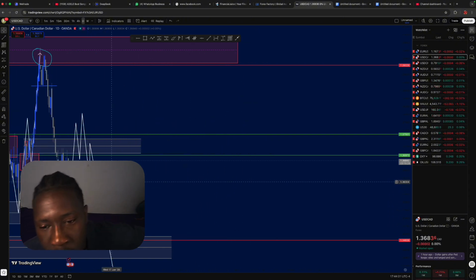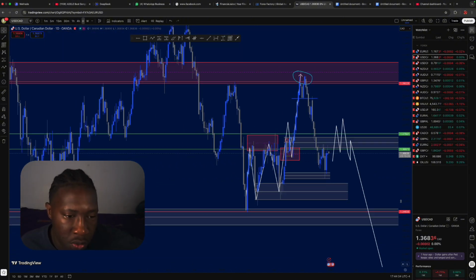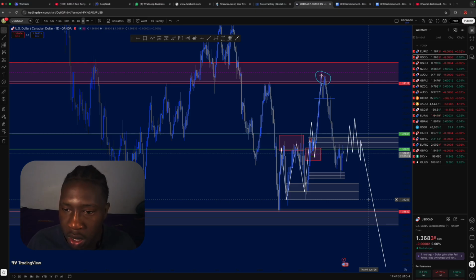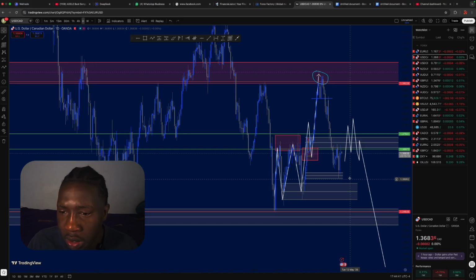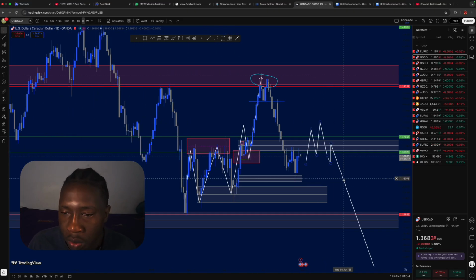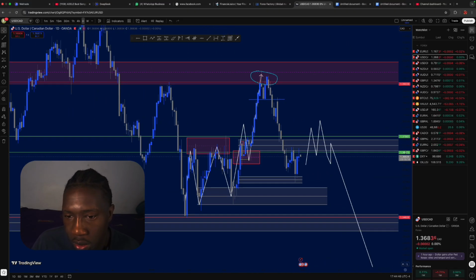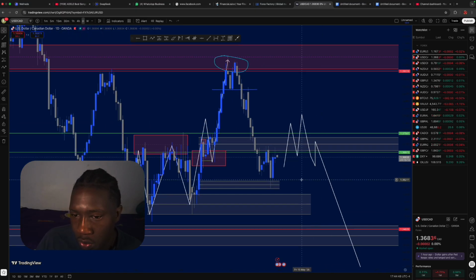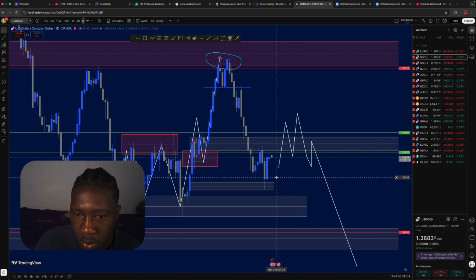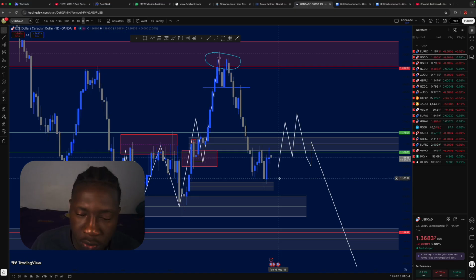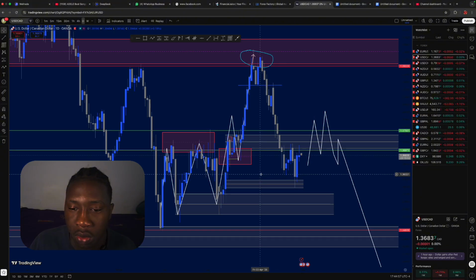Let me go to daily, because the daily is going to show us where the markets are likely to reverse more, because there are stronger reversals on daily, not on 4 hour. So the larger time frames give us good confirmations other than smaller time frames.